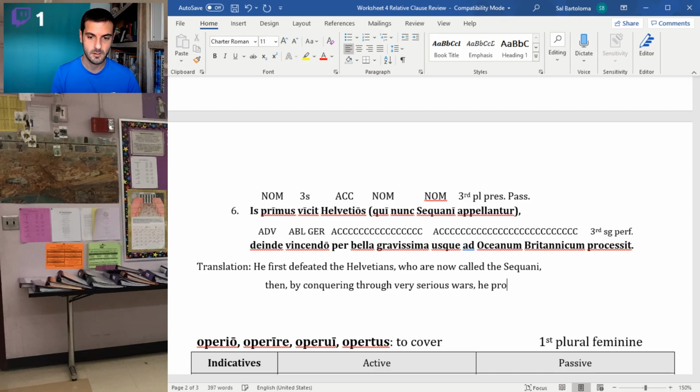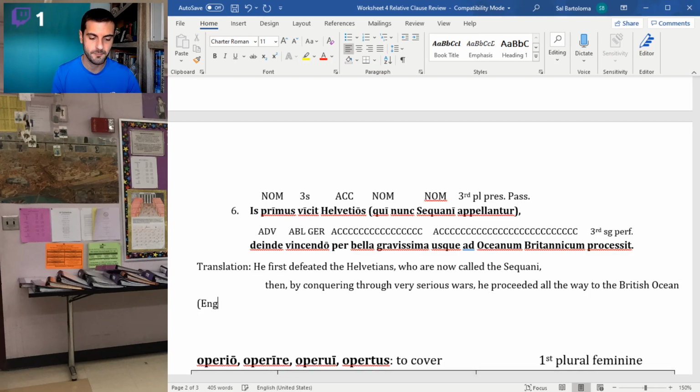He proceeded all the way to, it says, the British Ocean. We would probably refer to this as like the English Channel, right? I think that's what we're going for here. Not quite an ocean, but the part of the ocean that's right next to Britain.